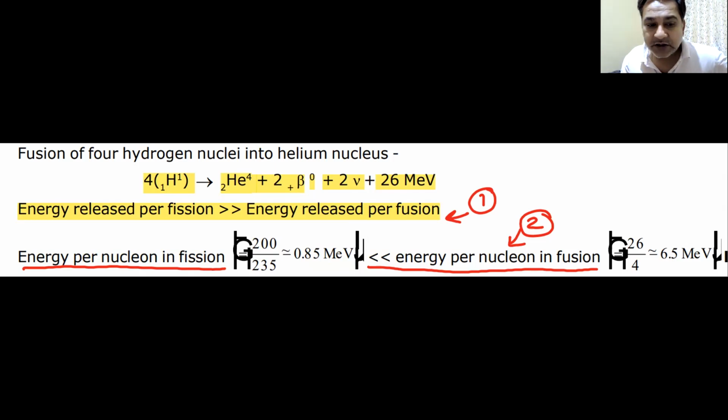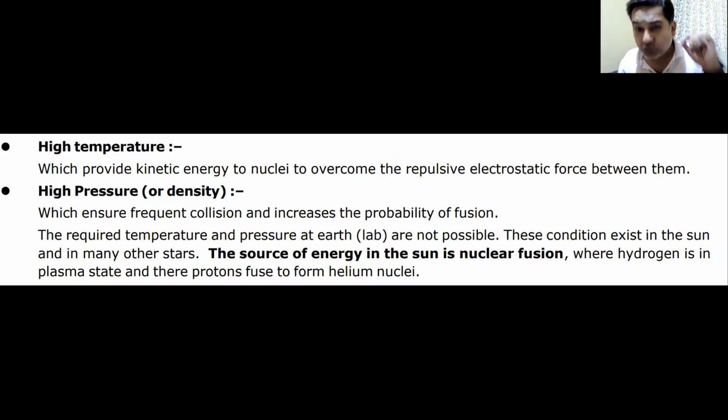Because to have nuclear fusion happening, two things are required. And what are those two things? Temperature and pressure. We require a very, very high temperature. It has to happen at a very high temperature and very high pressure.